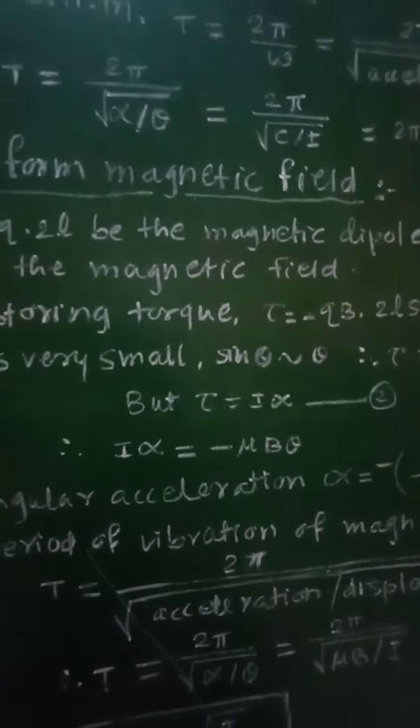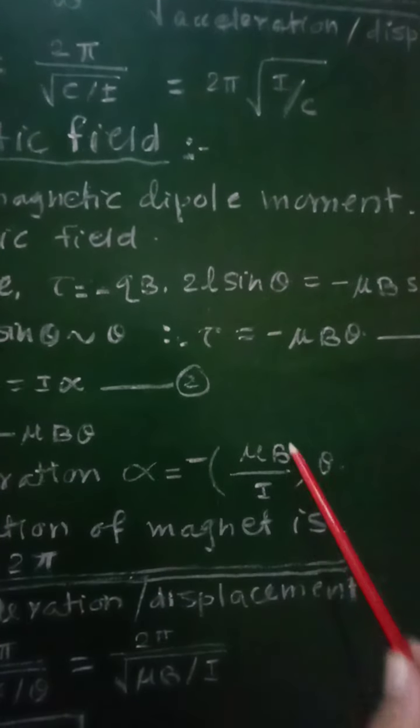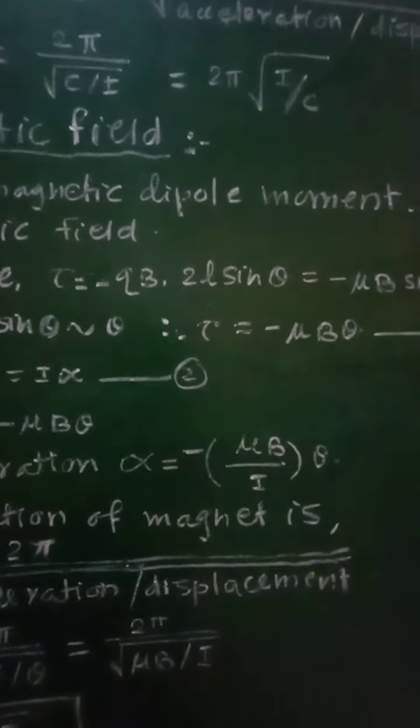Again mu, that is the magnetic dipole moment of the magnet, the magnetic field B, and the moment of inertia I about a fixed axis of rotation, all these are constant, and therefore we can say that angular acceleration alpha is proportional to minus theta. That is, the angular acceleration of that magnet is directly proportional to its angular displacement theta, and it is oppositely directed to the angular displacement theta.